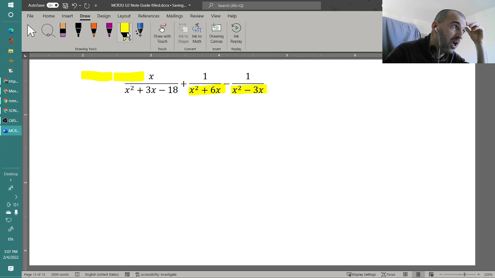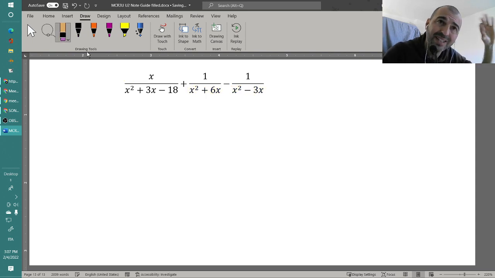But the problem with that is you're going to potentially create an enormous polynomial in the numerator and in the denominator. So in order to make this as efficient as possible, you want to factor the denominators first.